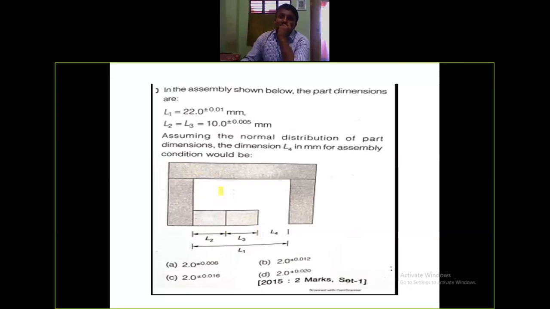What is the value of L2? 10.005. The correct answer will be 0.1. It will be this one, D option. L1 minus L2 minus L3 gives you the value of L4.